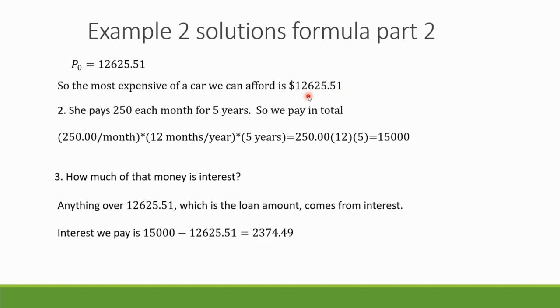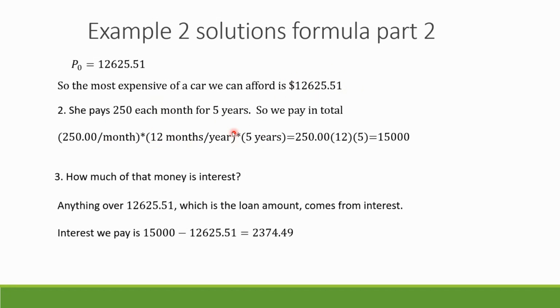Now we have the loan amount. Again, she's making $250 monthly payments for 5 years. So we want to know, how much money is she sending to the loan company in total? Well, we take the monthly payment and multiply by 12 months per year, and then multiply by 5 years.